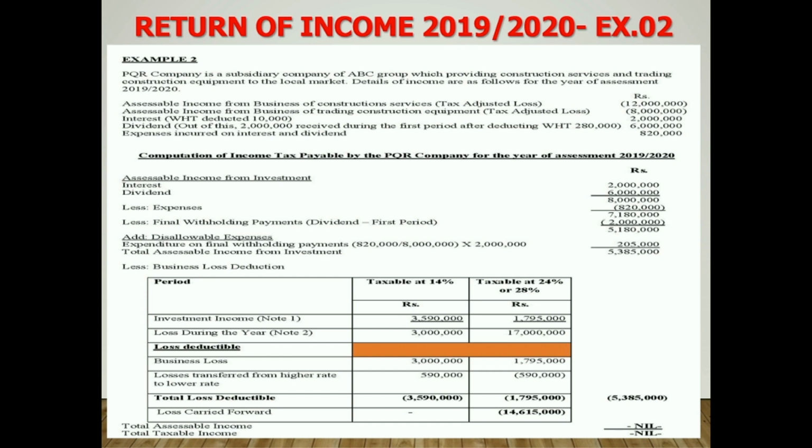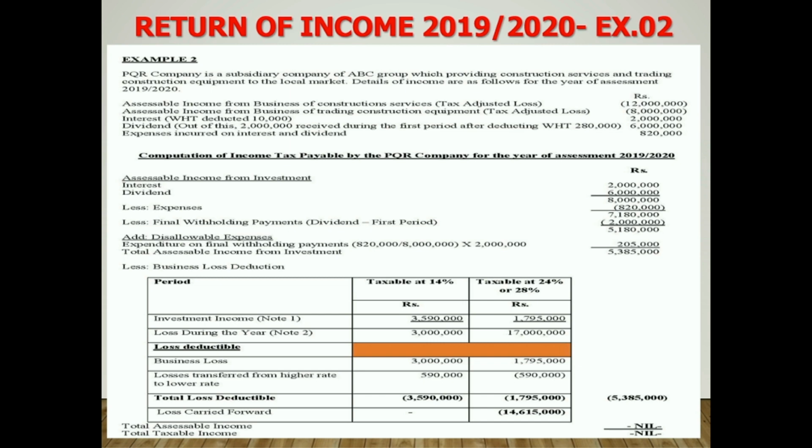So my total assessable income from investment is rupees 5,385,000. From this amount we have to deduct the business losses available during the year of assessment, but subject to the conditions in section 19 of the Inland Revenue Act.